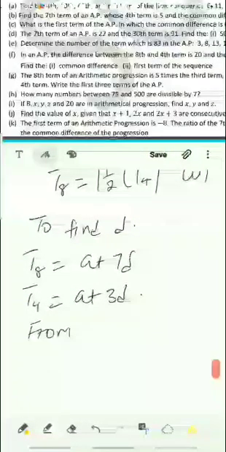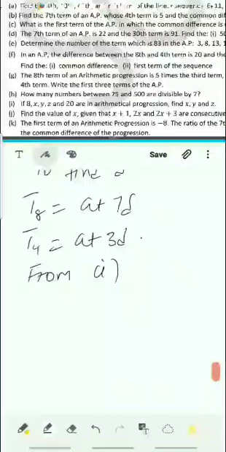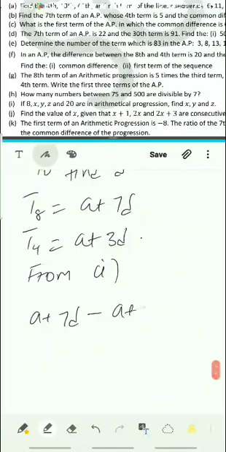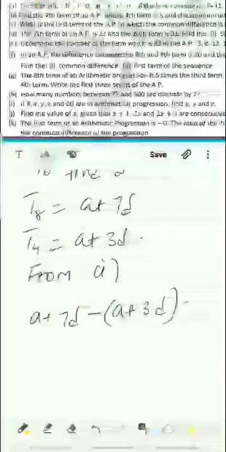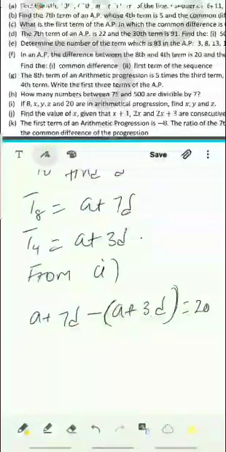From statement 1, the 8th term minus 4th term is 20. So it means A plus 7D minus (A plus 3D) will give me 20. Notice I put a bracket after my negative sign because the negative will affect everything. If you didn't put a bracket, this negative will not affect this plus 3D, and your answer will have issues.